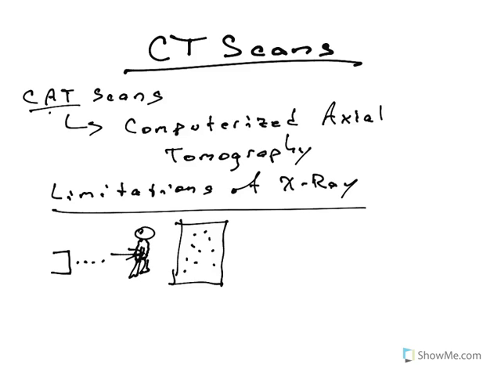And so what you see on an actual X-ray image is basically a measure of how much X-ray radiation was absorbed by the body and how much was passed through. And this absorption is called X-ray attenuation.